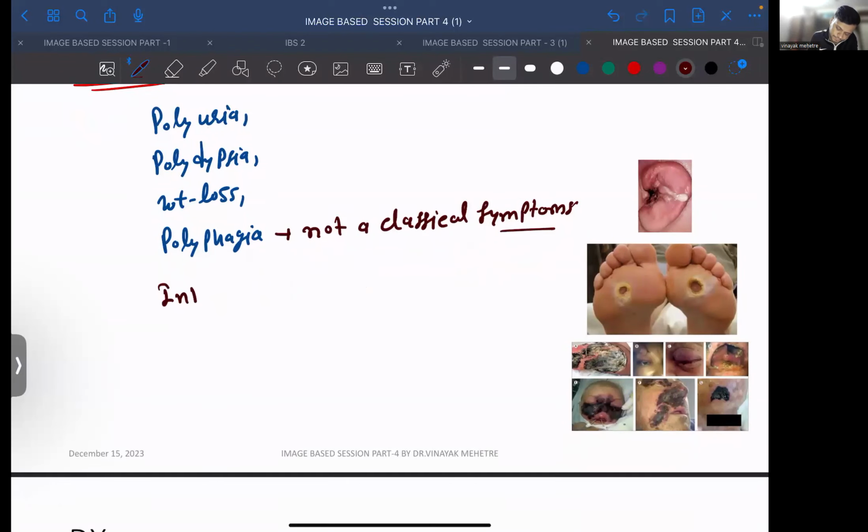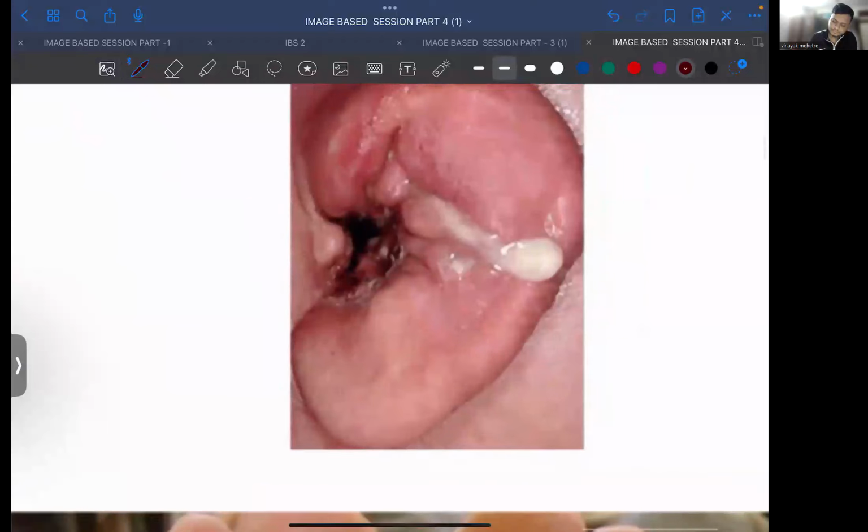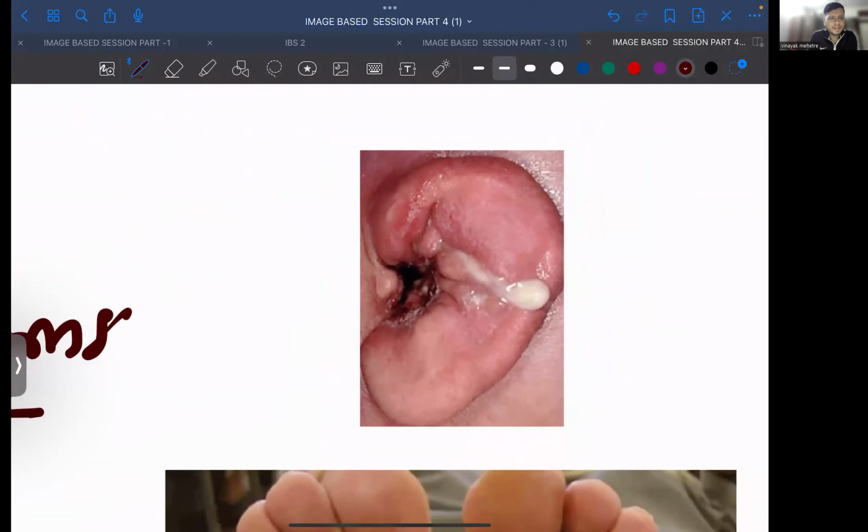Infections, right? Which infections can occur? You have studied these infections in other subjects rather than medicine. Black granulation discharge from the ear, that is malignant otitis externa or malignant otitis media.